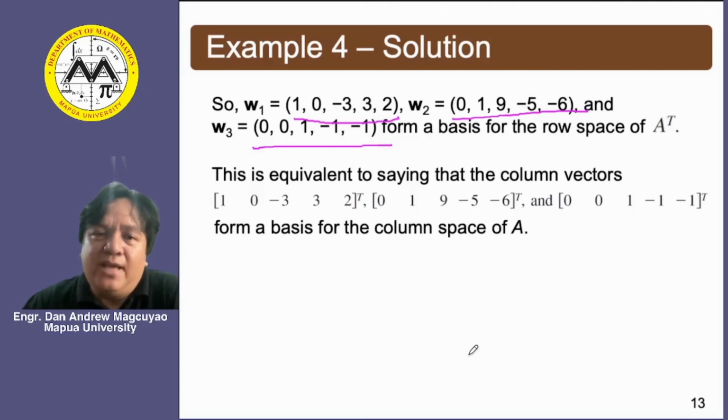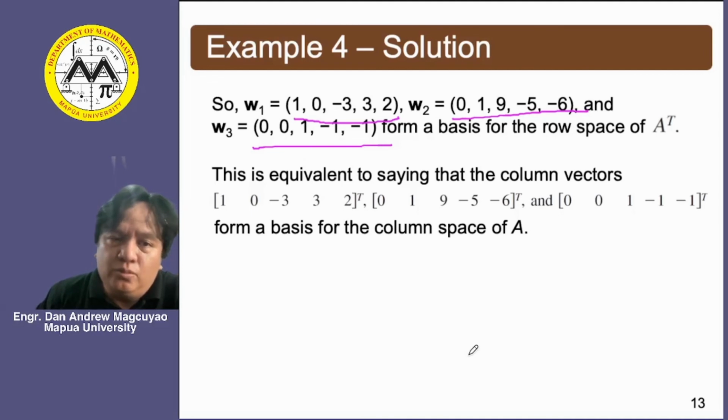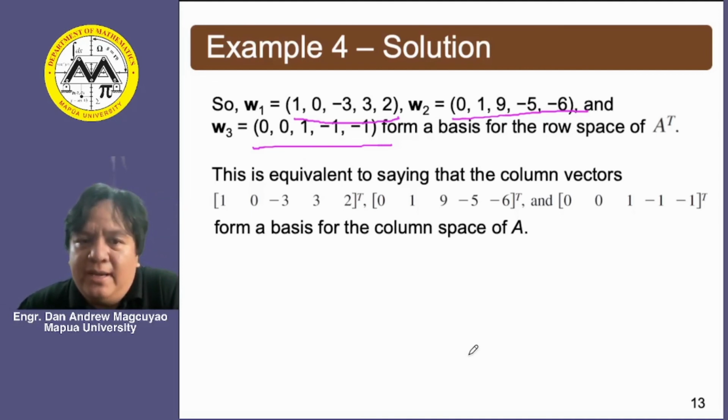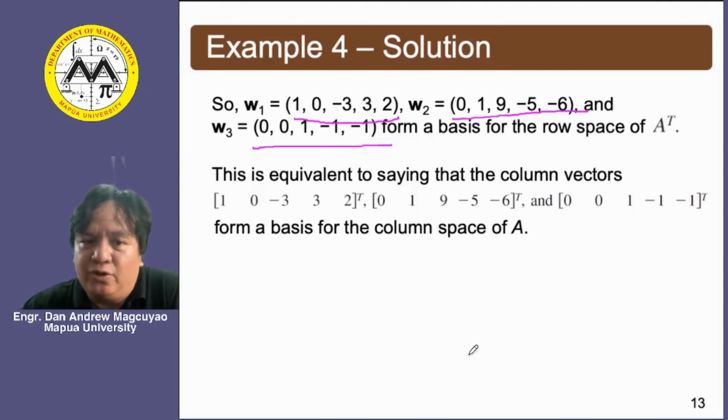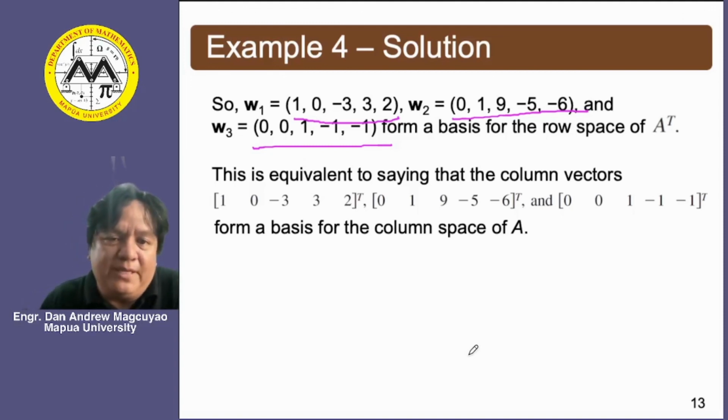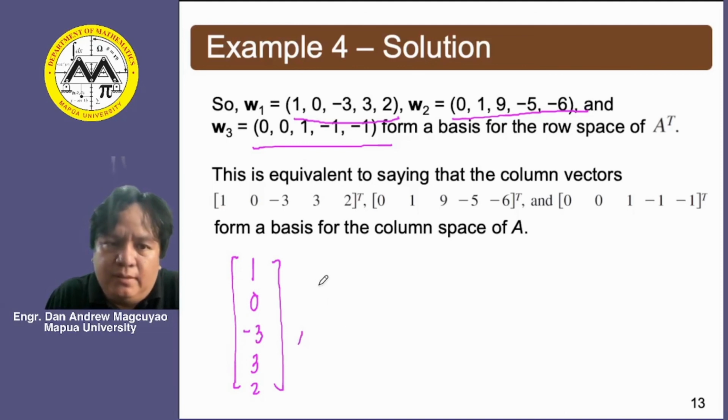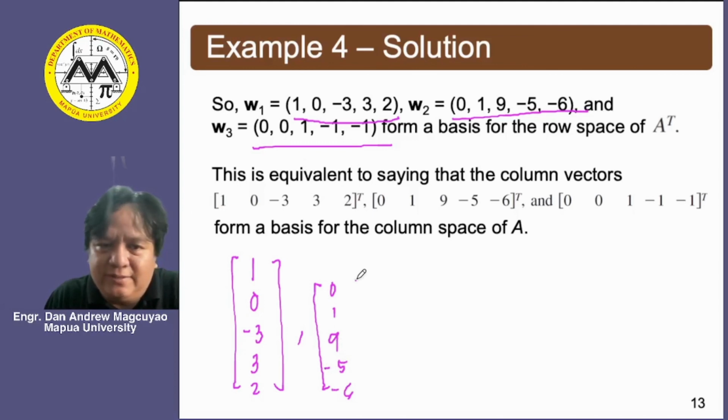This is equivalent to saying that the column vectors 1, 0, negative 3, 3, 2; 0, 1, 9, negative 5, negative 6; and 0, 0, 1, negative 1, negative 1, all the transposes of these vectors, form a basis for the column space of A. So that would be 1, 0, negative 3, 3, 2; 0, 1, 9, negative 5, negative 6; and the third vector is 0, 0, 1, negative 1, negative 1.